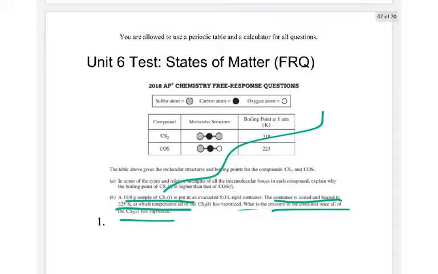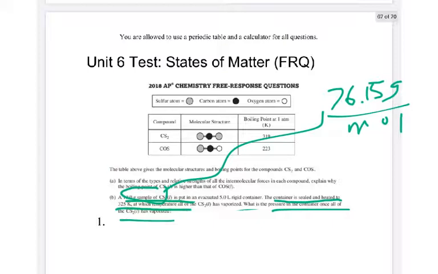12.01 plus 2 times 32.07. And I get that the molar mass of CS2 is going to be 76.15 grams per mole. And we simply have to convert 10 grams into moles. So 10.0 divided by 76.15 will give us 0.131 moles of CS2.